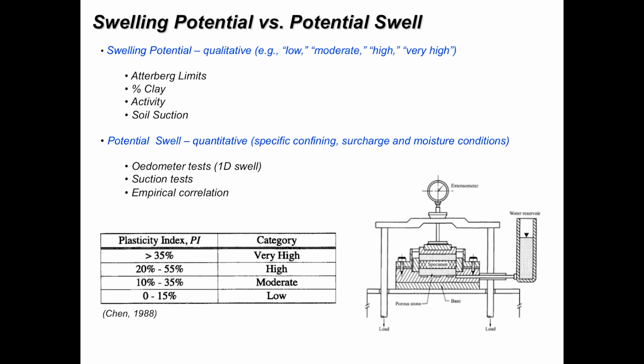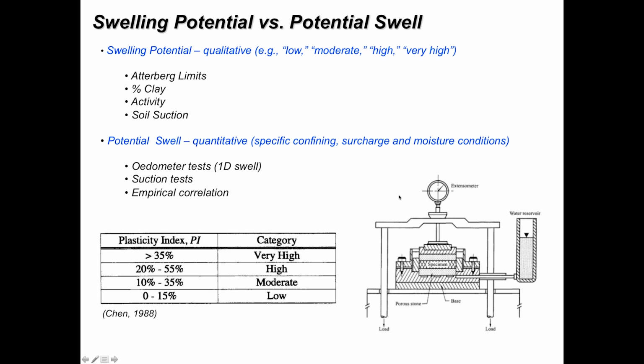Potential swell, on the other hand, is a quantitative measurement of how much either pressure or volume change we might expect under certain environmental conditions, certain confining conditions, certain moisture conditions. And so here we use direct measurements.